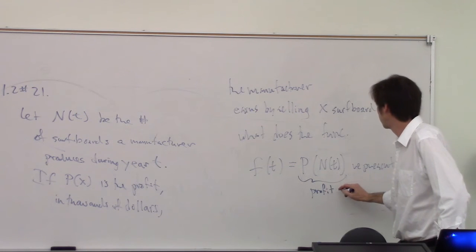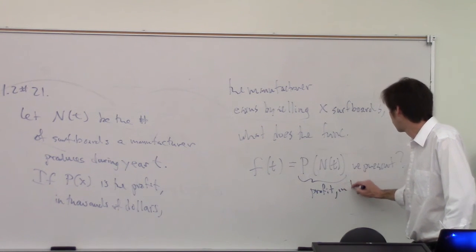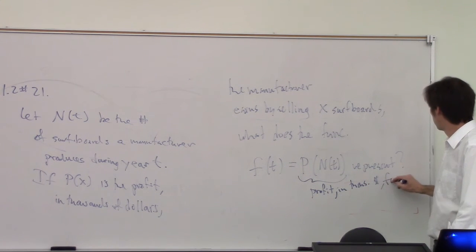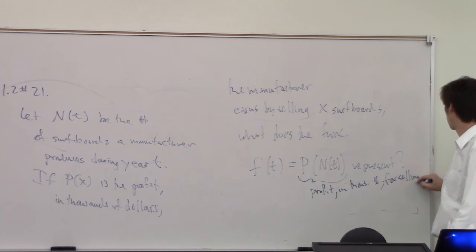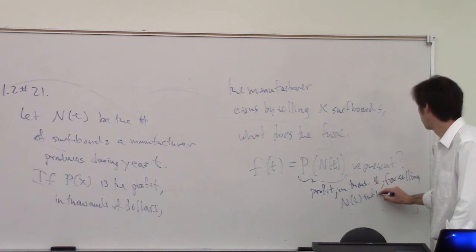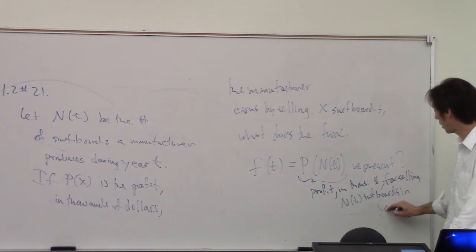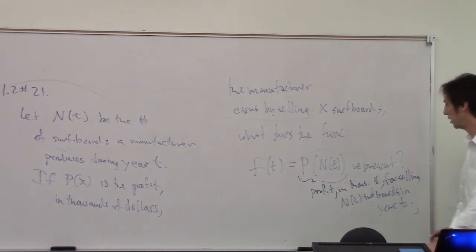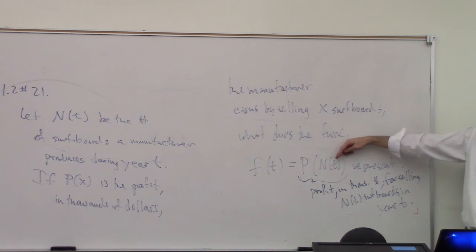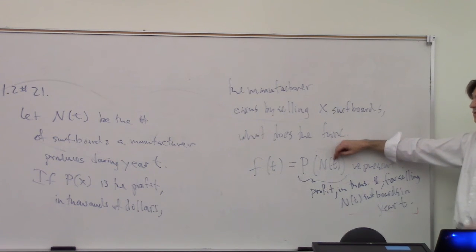So it's the profit, again, in thousands of dollars, for selling capital N of T surfboards. And it's that profit in year T. So if I were to plug in a suitable T value like 5, that would tell me the profit from selling however many surfboards I sold in the 5th year.